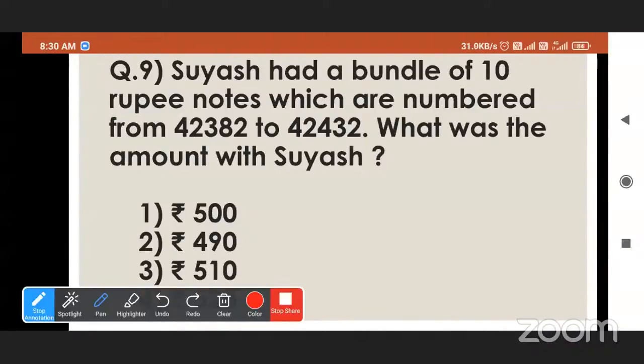If we had notes numbered from 100 to 111, how many total notes would there be? Students, can you tell me the answer? Okay, we will see.